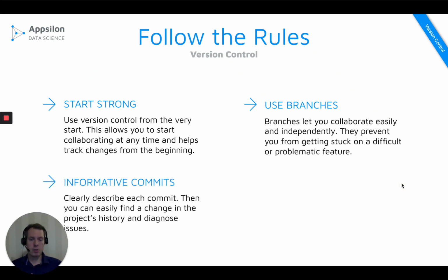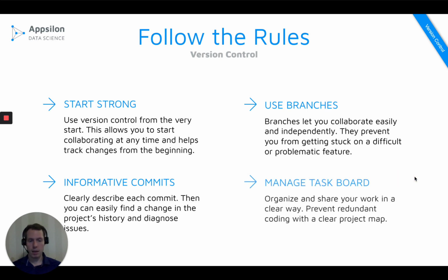Make sure that your commit messages are informative and clearly describe the changes that are happening. It will help you to scan through your history what happened and to find your changes in the future. And also manage the task board.